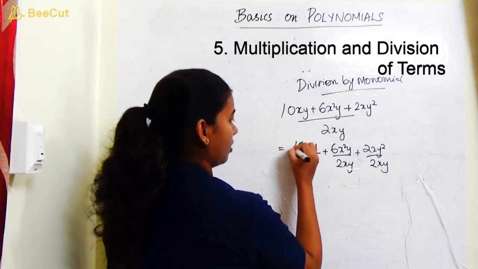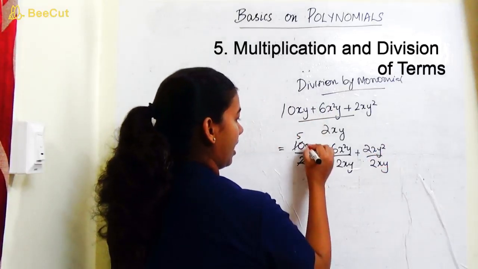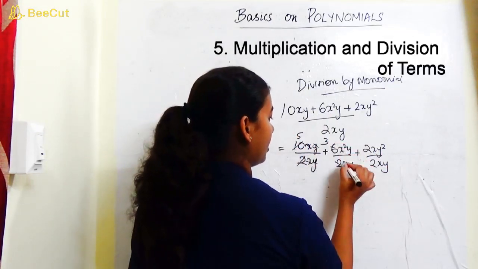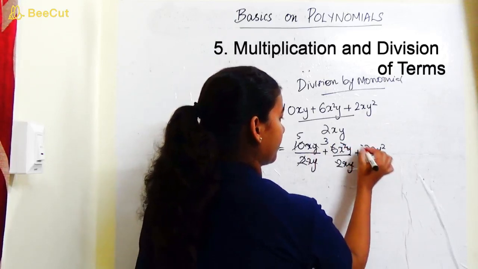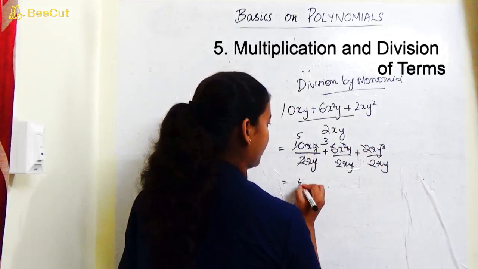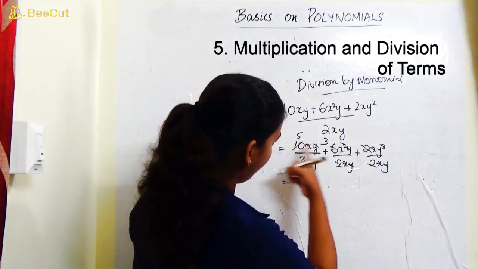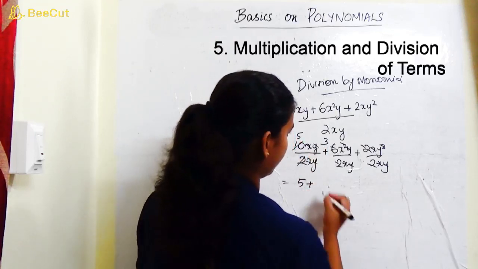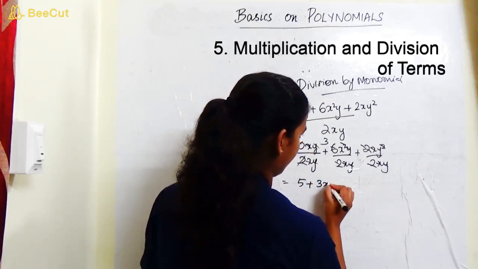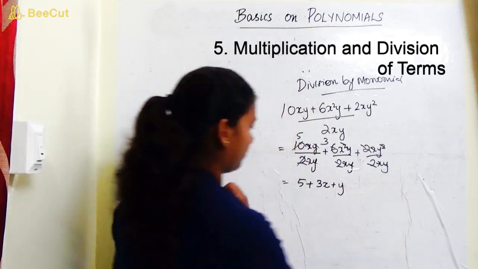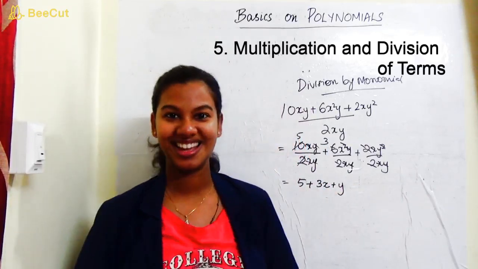So here I can cross off and get 5. X cancel, y cancel, 3. Okay, so the answer will be, here what we have, 5 plus 3x plus y. So this will be the answer.